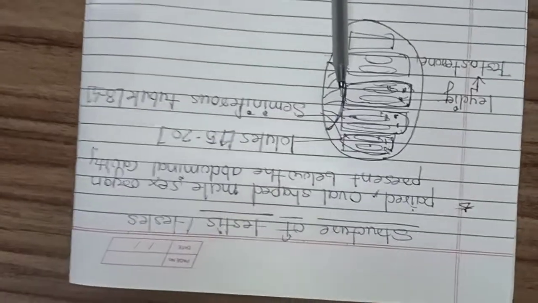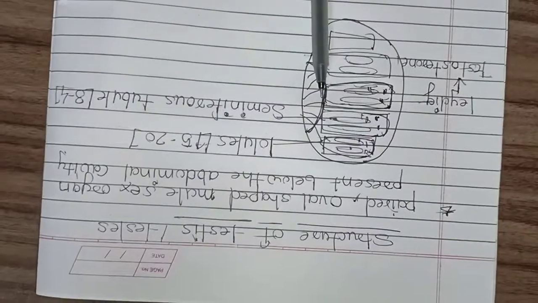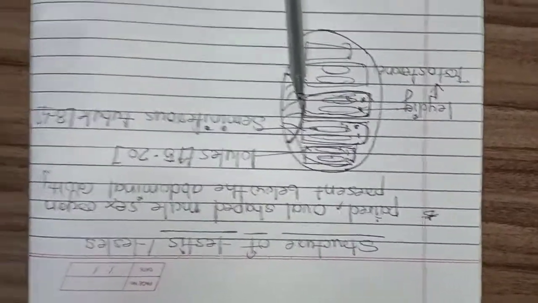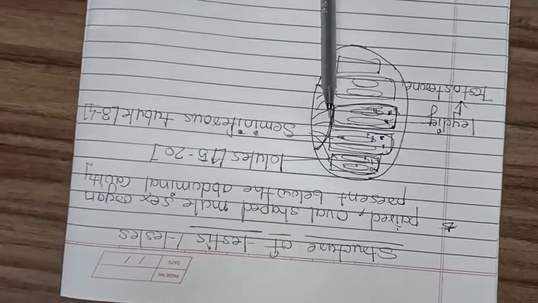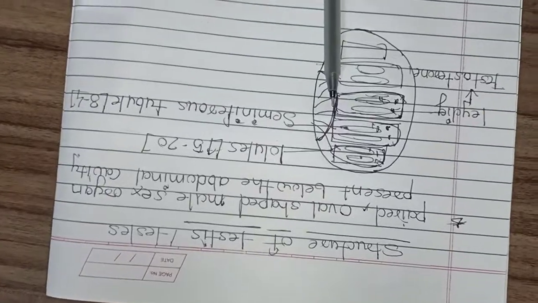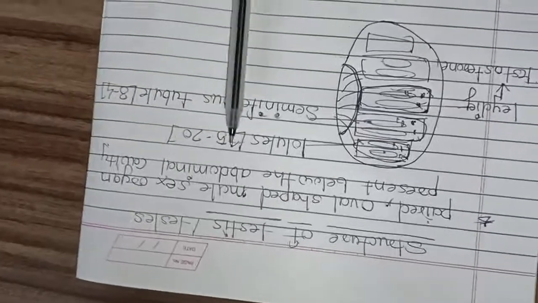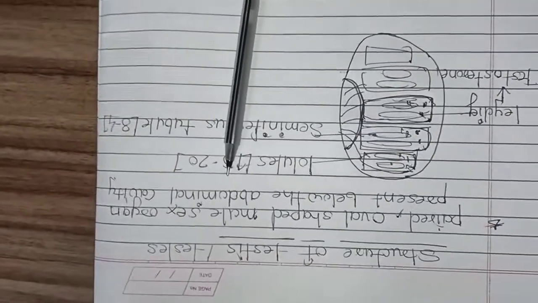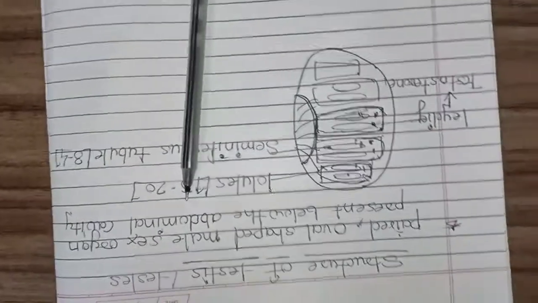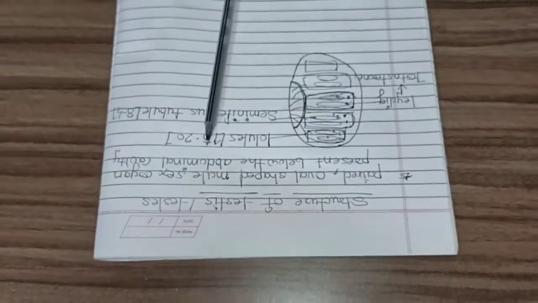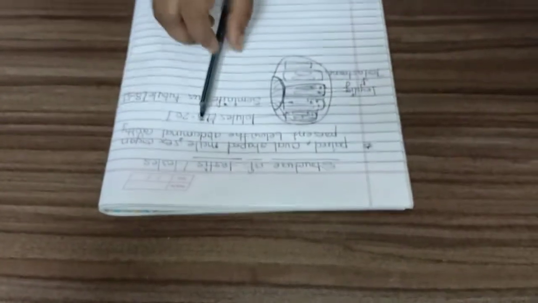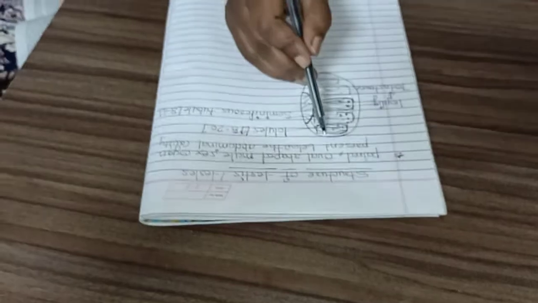So this is one important thing about the testes. And these testes produce the male sex hormone, that is testosterone. Testosterone is produced by these testes. So how is the structure designed in the testes, we will see.